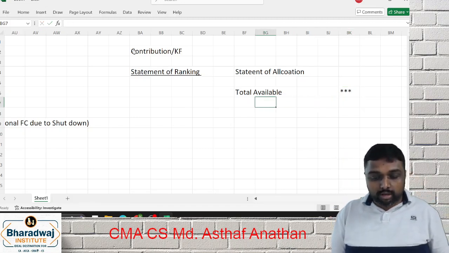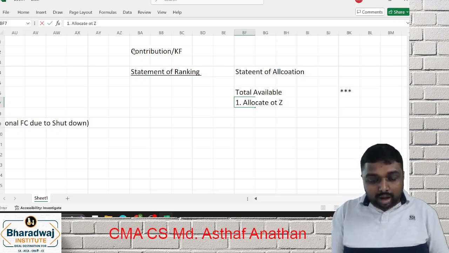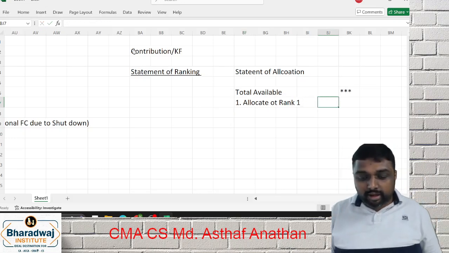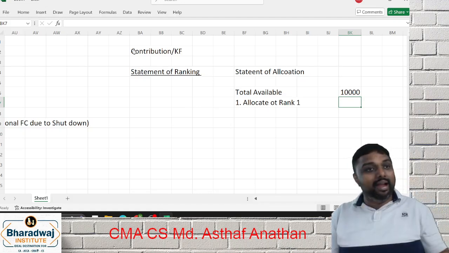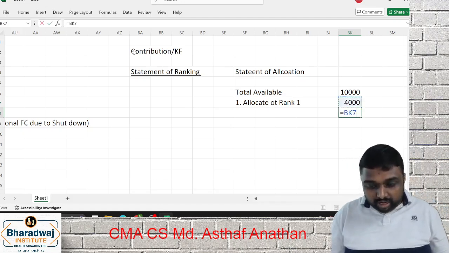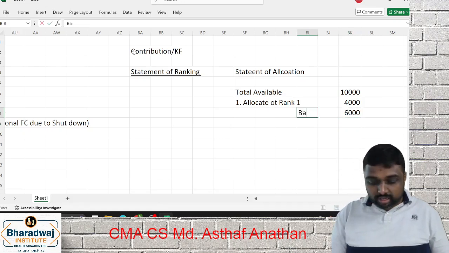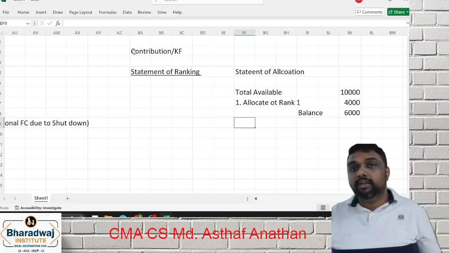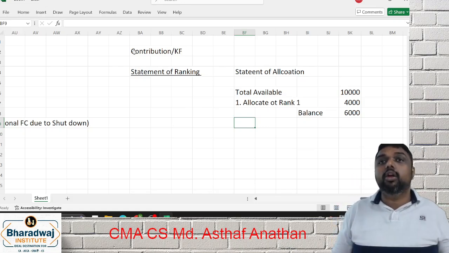First allocate to rank 1 its full demand. Let's say 4,000. Any balance will be given to rank 2. If there is again a balance, it will be given to rank 3, then rank 4. This is the normal method.